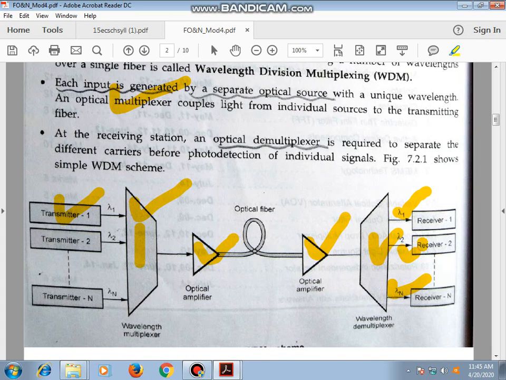At the receiving station, an optical demultiplexer is required to separate the different carriers before photo detection of individual signals.